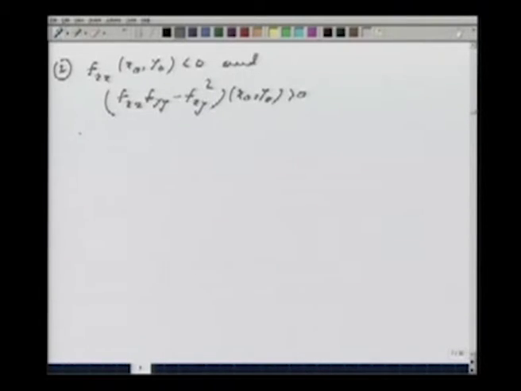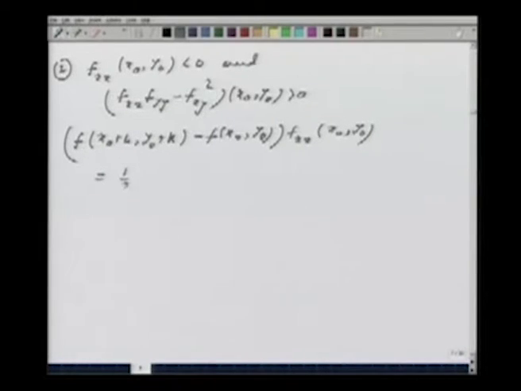So I again write down f(x₀+h, y₀+k) minus f(x₀, y₀), this times fxx at (x₀, y₀). I know what this quantity is.